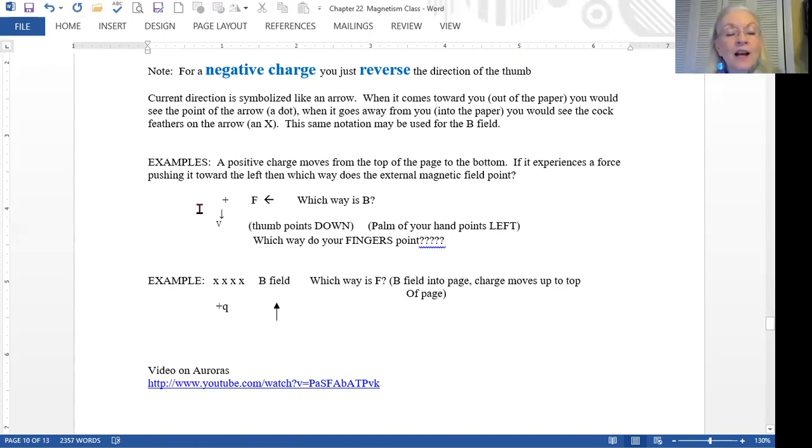So your thumb points down because of the velocity vector. The palm of your hand points left. So this is all on the right hand. Thumb is down, palm goes left. The only way that the thumb can go down and the palm can go left is if the fingers are pointing towards you.